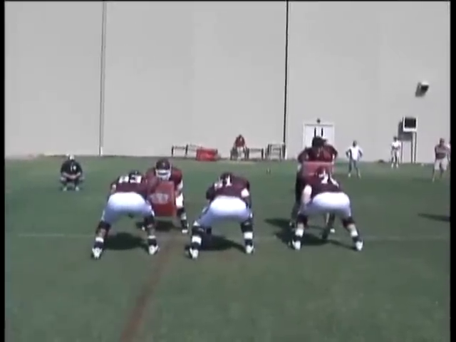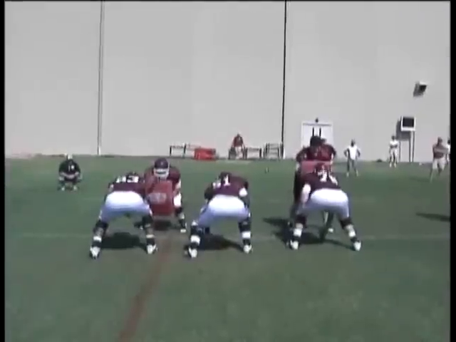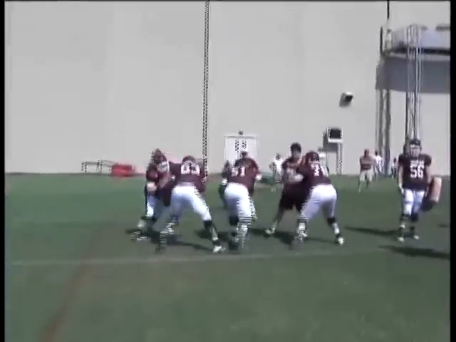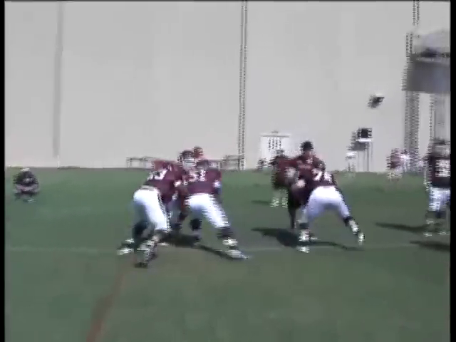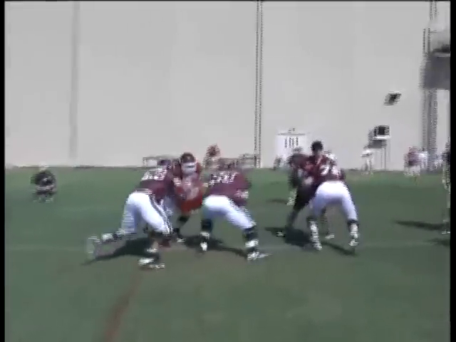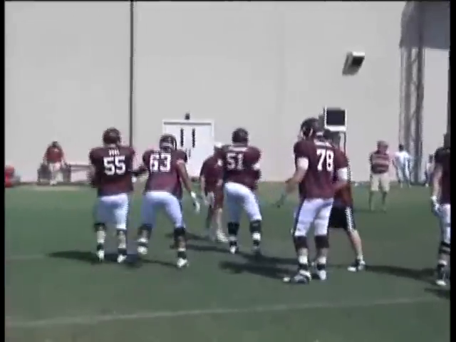This is color away. So 51 sees color go away. That nose should be going away a lot more than that. And then 51's going to snap opposite and climb. I didn't even put a linebacker in there for this drill. But this is what a snap opposite looks like.